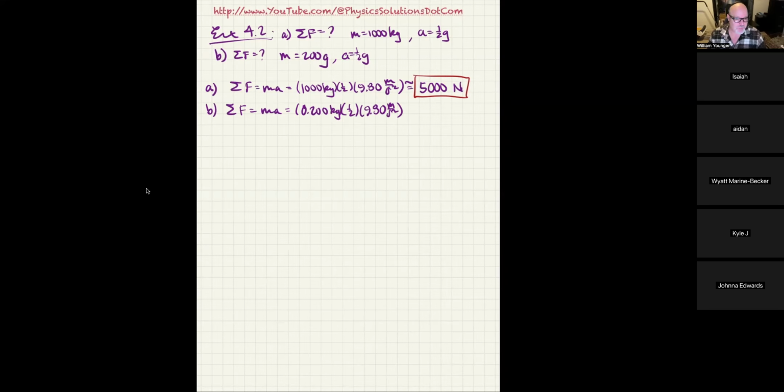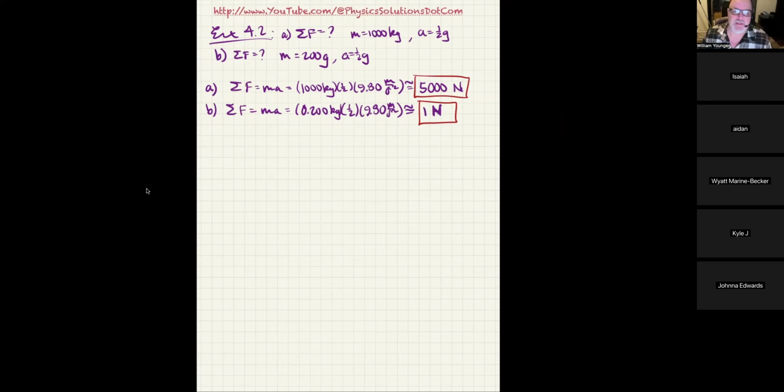But 0.2 is really close to 1 over 5. So what we find out is that this is approximately 1 Newton. So 1 Newton is the approximate force necessary to accelerate a 200-gram apple to an acceleration of 1/2 g. Anybody have any questions on that?